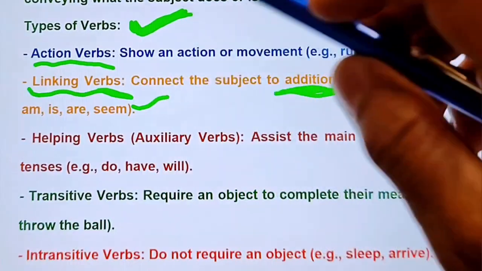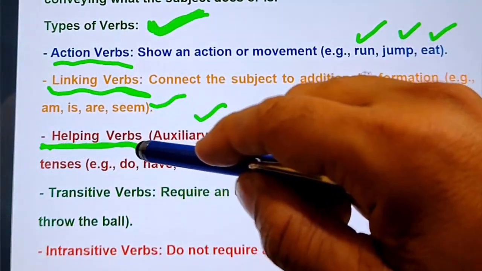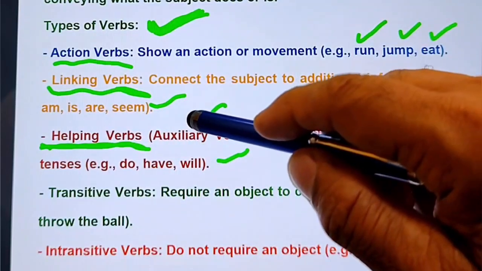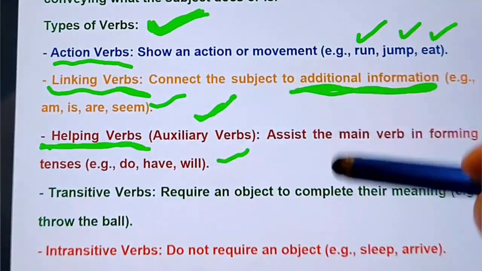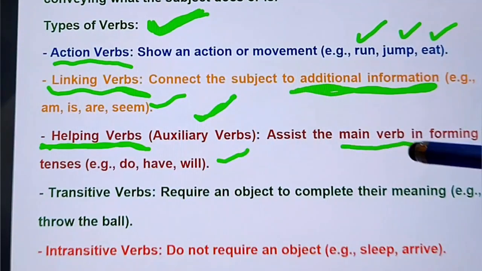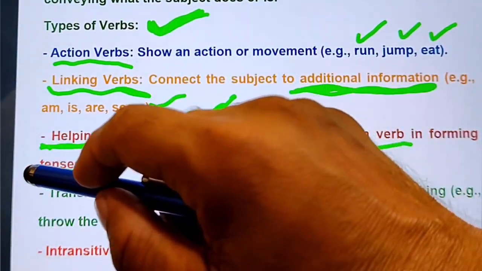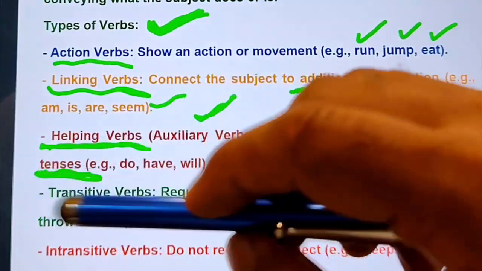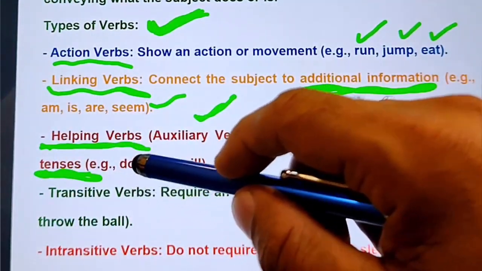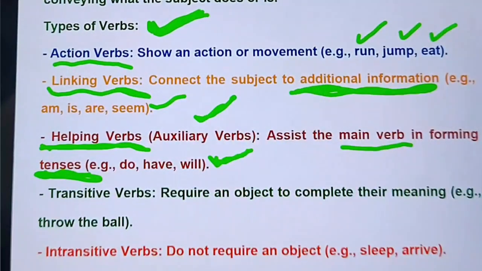These are linking verbs. The other one here is the helping verb. A helping verb we also call an auxiliary verb. Helping verbs assist the main verb in forming tenses. So they help in forming the tenses. For example, do, have, will. These are examples of helping verbs.